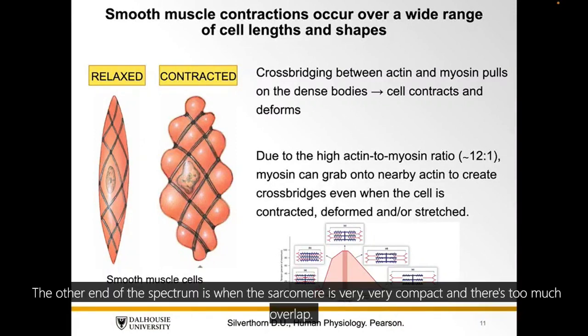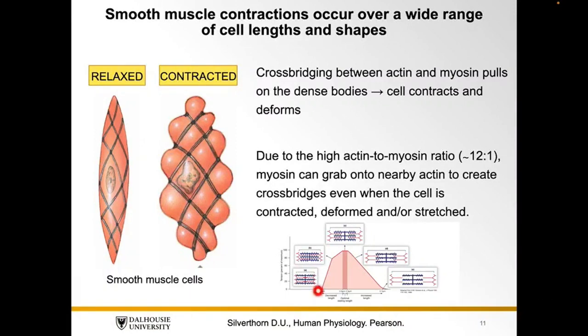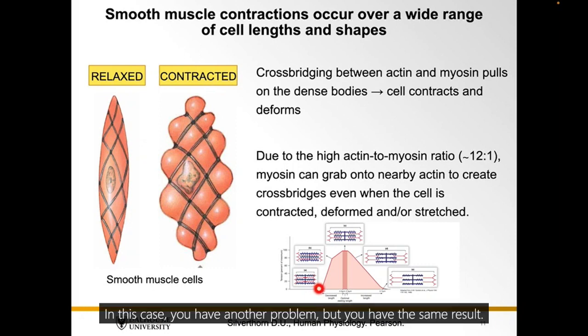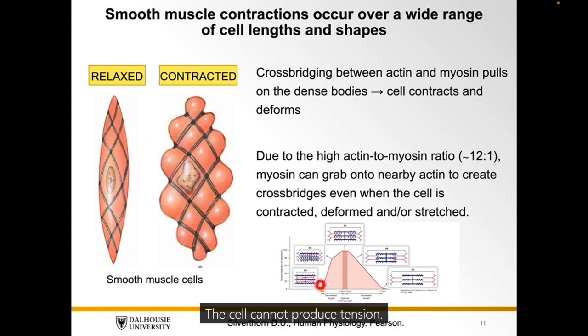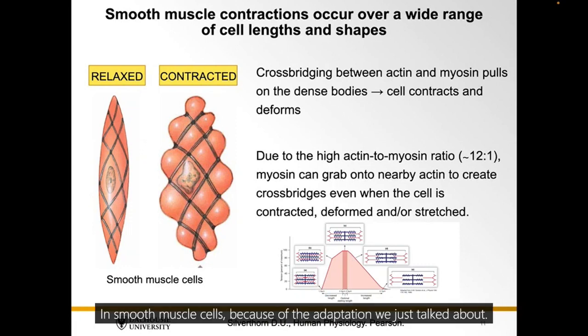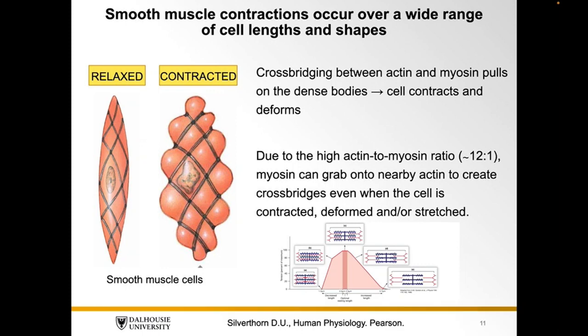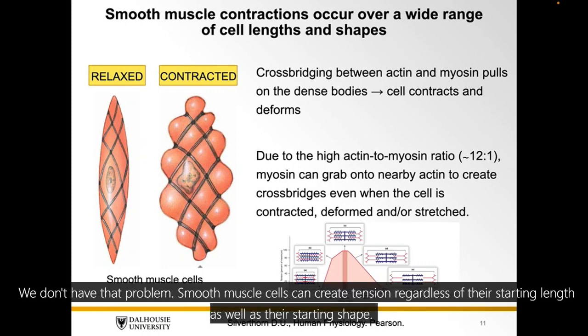The other end of the spectrum is when the sarcomere is very, very compact and there's too much overlap. In this case, you have another problem, but you have the same result. The cell cannot produce tension. In smooth muscle cells, because of the adaptation we just talked about, we don't have that problem. Smooth muscle cells can create tension regardless of their starting length as well as their starting shape.